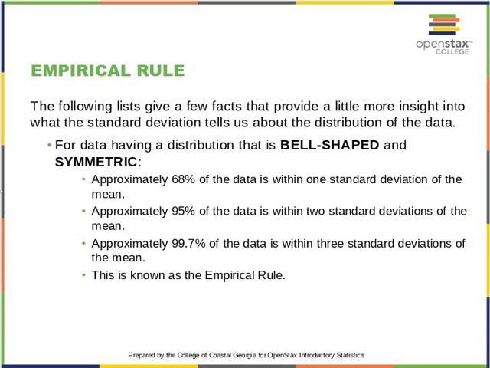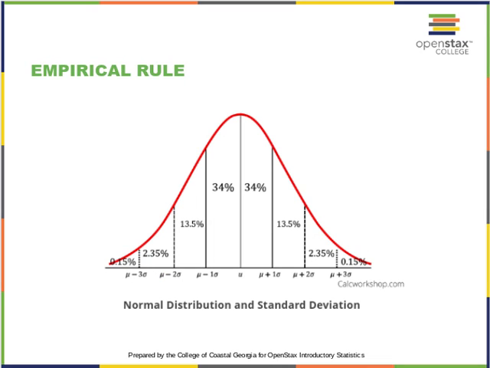So here we have approximately 68% of the data is within 1 standard deviation of the mean. 95% of the data is within 2 standard deviations of the mean, and 99.7% is within 3. This is called the empirical rule. And here is an example of what it looks like. So mu, μ, is our mean.